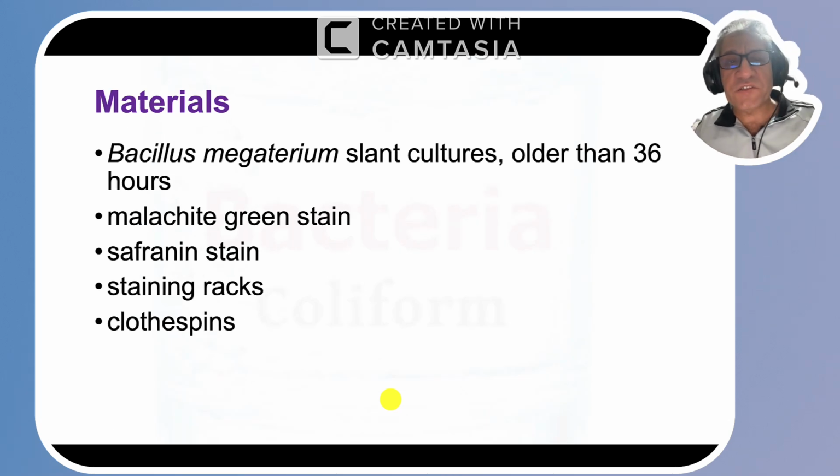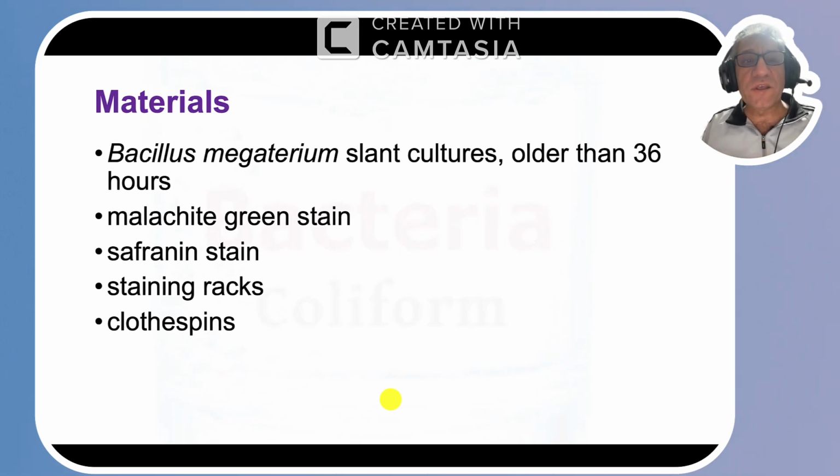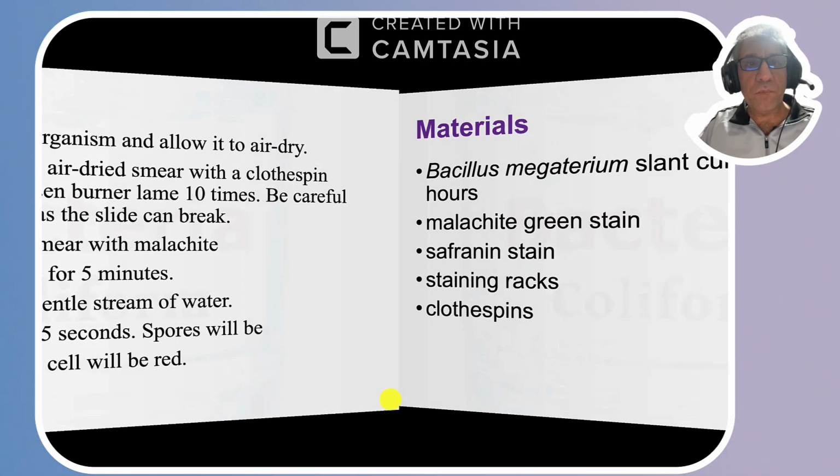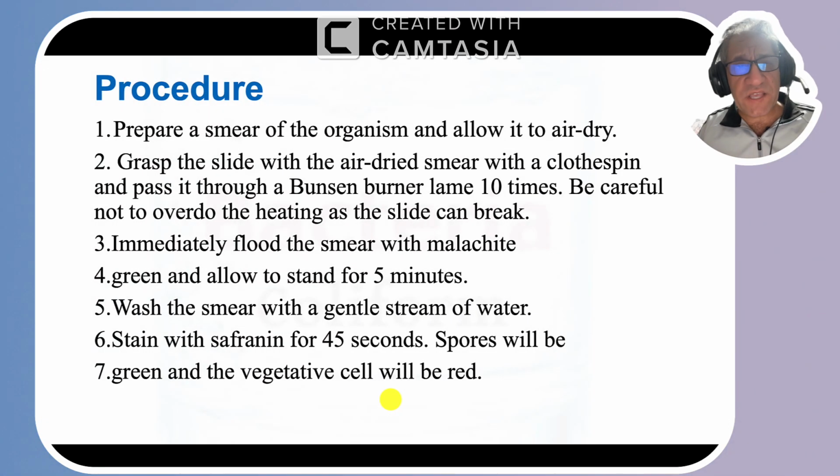Materials, as I said, are the sample, Bacillus culture, the malachite green stain, safranin, staining rocks, and of course cloth stains. The procedure is very easy. As I said, prepare a smear of the organism, as you did smearing in the last lecture.